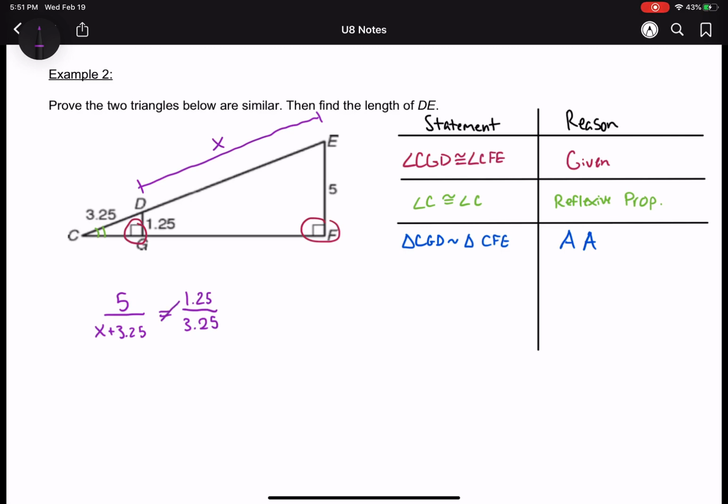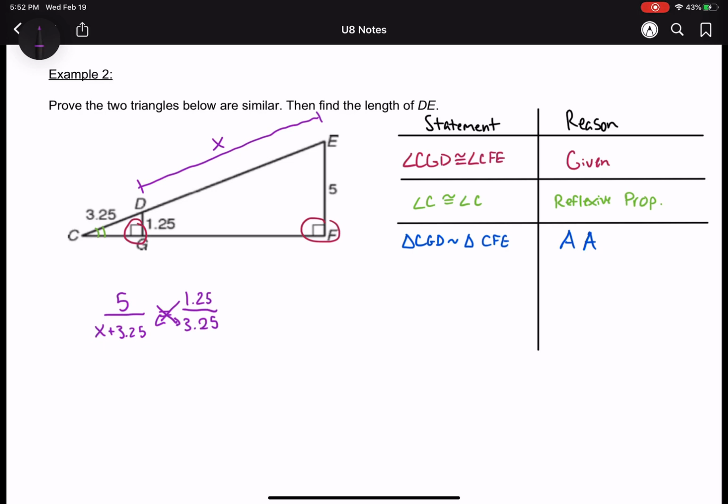As I'm cross multiplying here, I have one side that I have to do some distribution. So I have 1.25 that I have to multiply by both X and 3.25. I can't just multiply by one, I need both pieces.